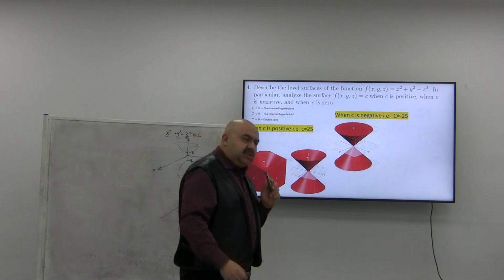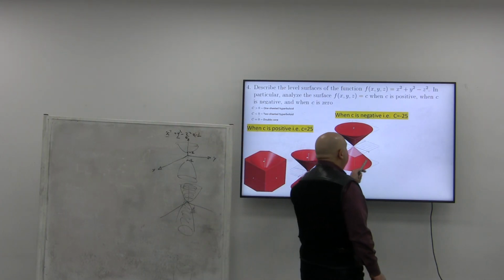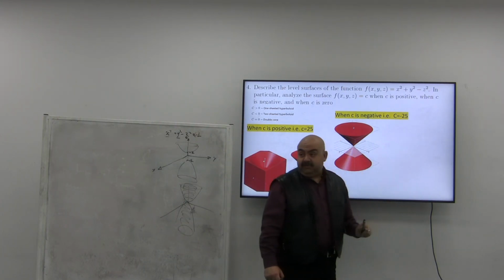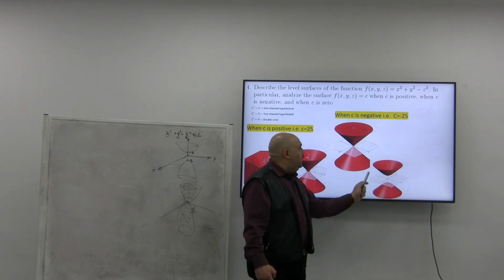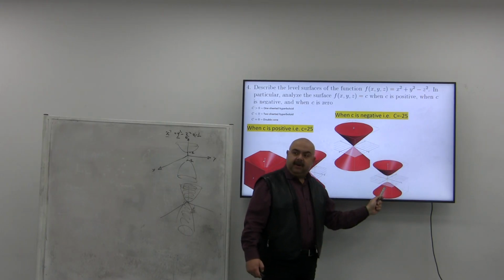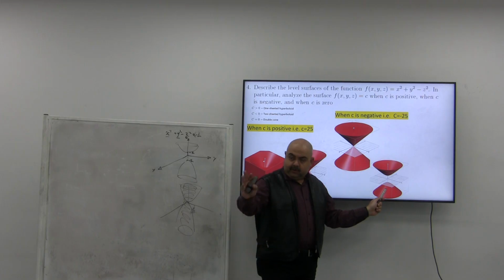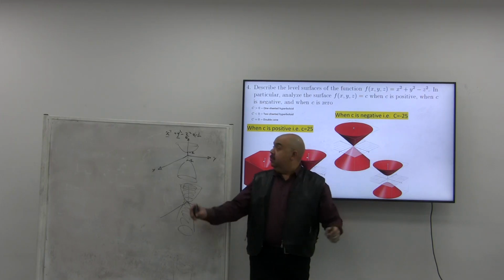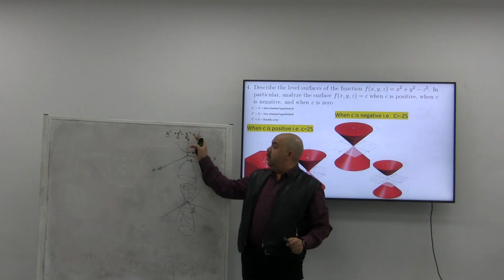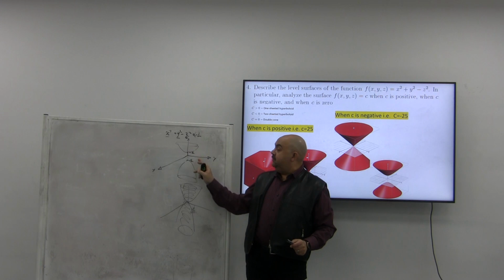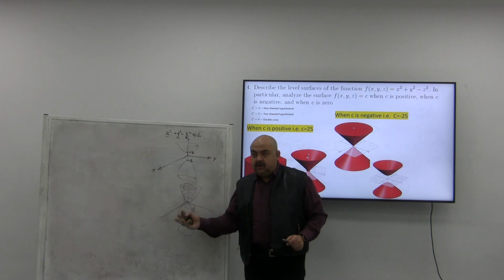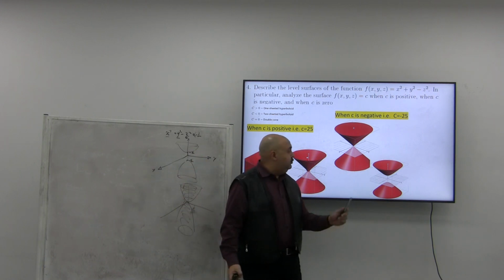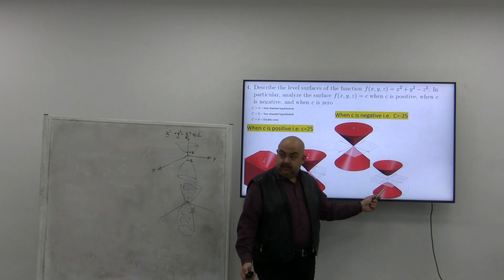But if you consider this equation with C equal to negative 25, you will have the regular shape of a hyperboloid of two sheets. Of course, I will have C equal 25, so you will have z squared equal to 25, so 5 positive, 5 negative, and you will start the shape of your hyperboloid with two sheets. It's going to be this way.